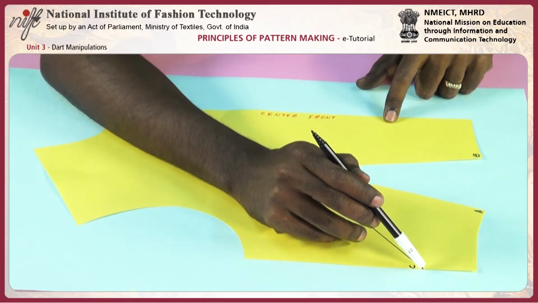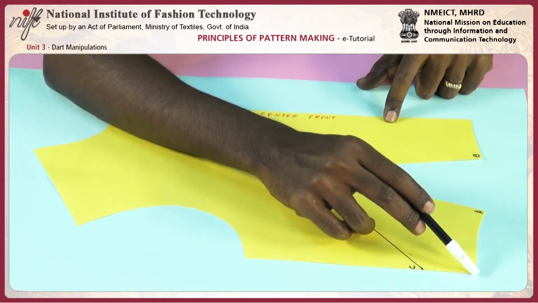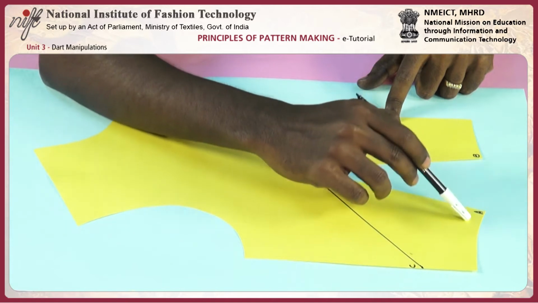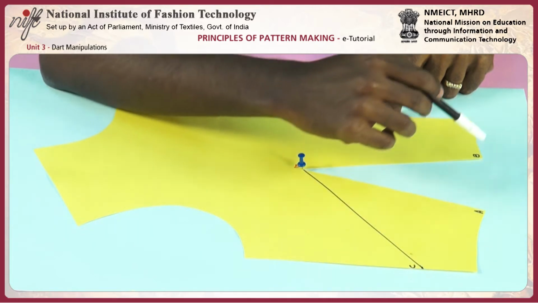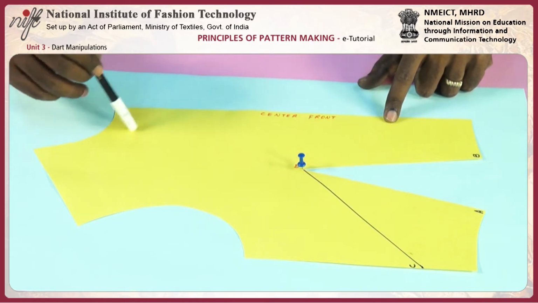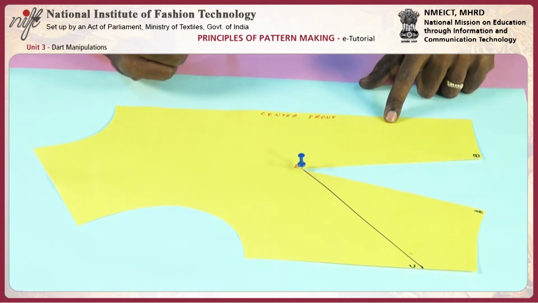Since I want to transfer this dot to here, this portion is going to move. So don't trace this portion. You can start from B and trace the pattern till C in anticlockwise.